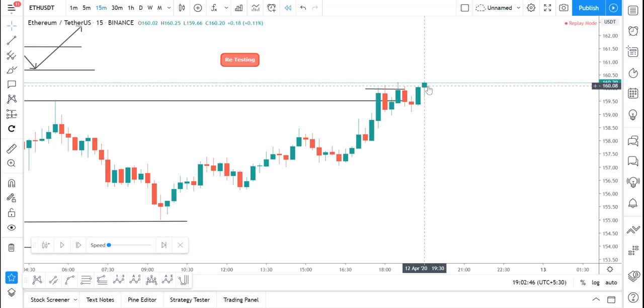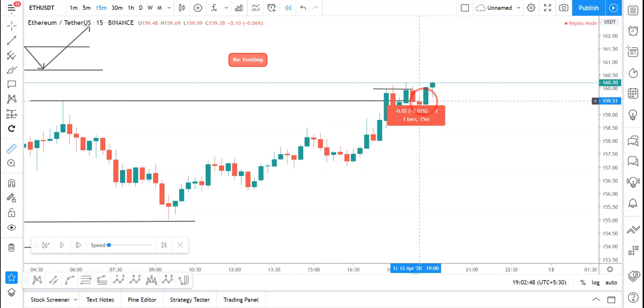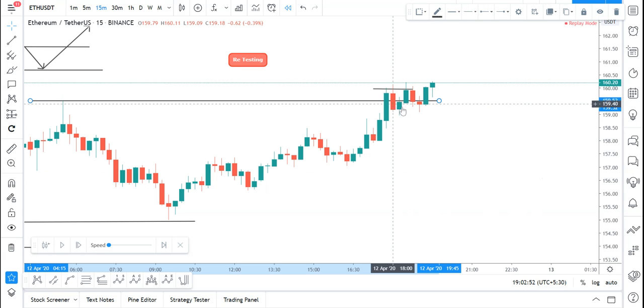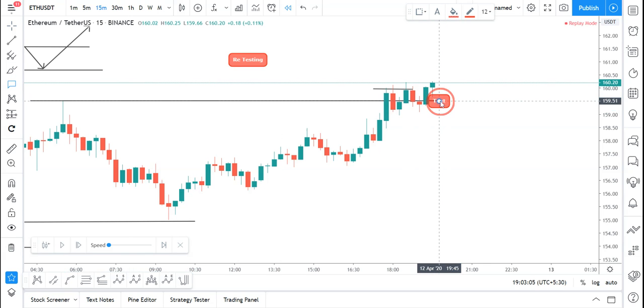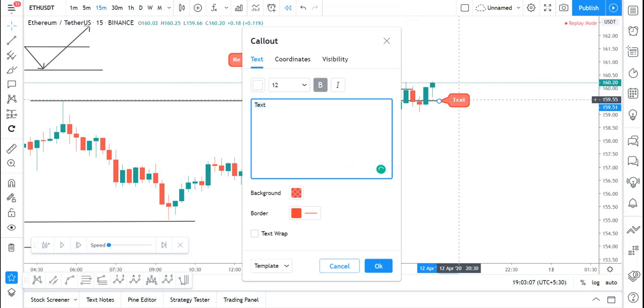Now look at this candle. This candle is very special because in these candles, all of the candles touched the resistance, but in this candle, the opening, the low, the body, the whole candle itself is outside of this resistance. So we can call this resistance a support right now.